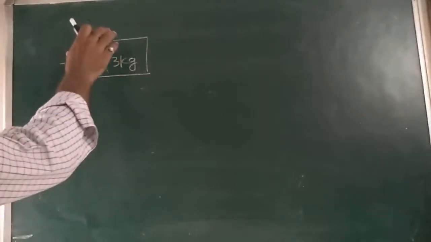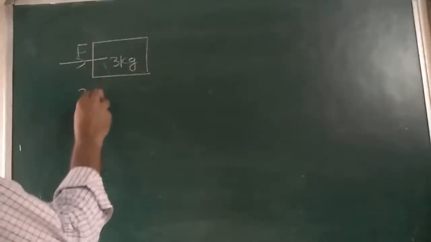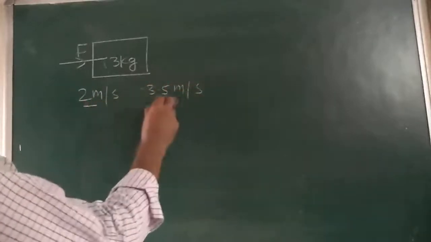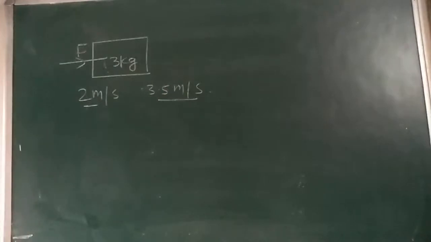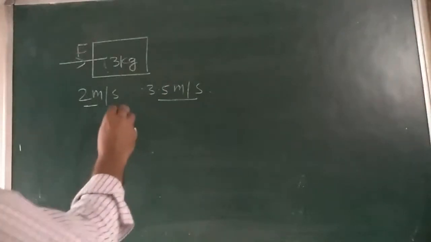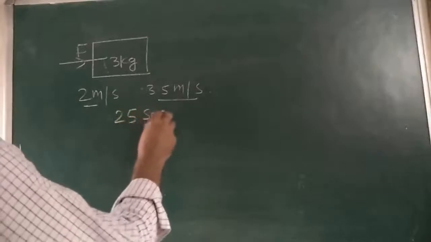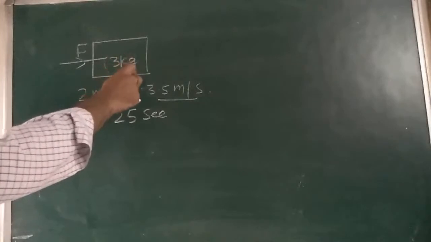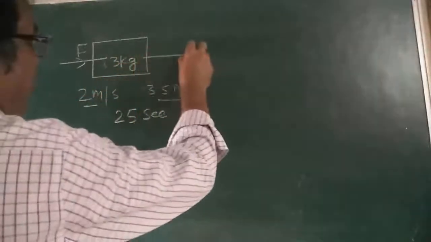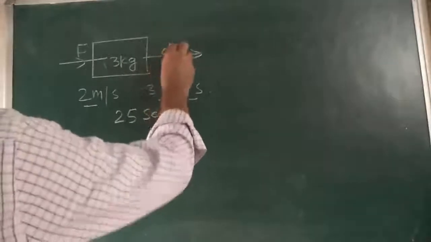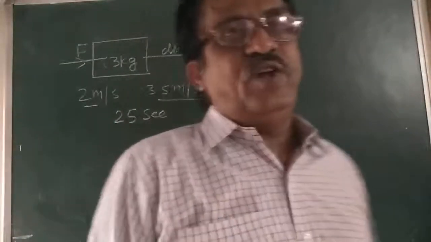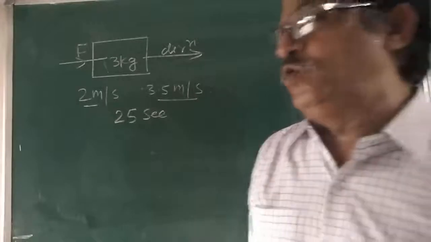It changes its speed from 2 meter per second to 3.5 meter per second, initial speed this, final speed this, in 25 seconds. The direction of motion of the body remains unchanged. The body is going in this direction. Calculate the magnitude and direction of the force.